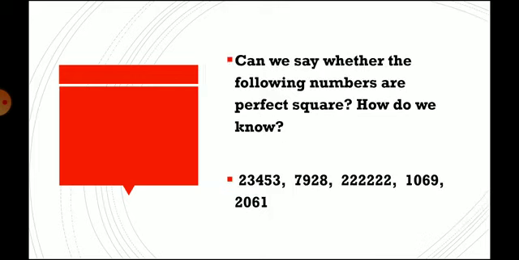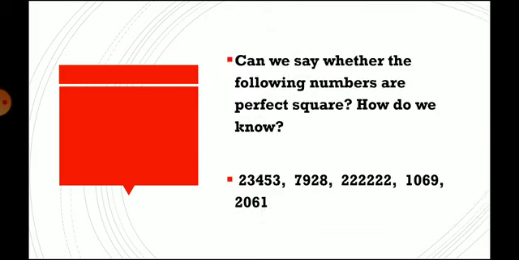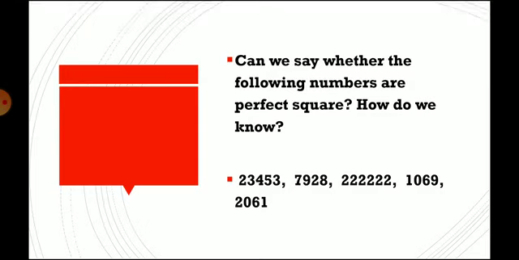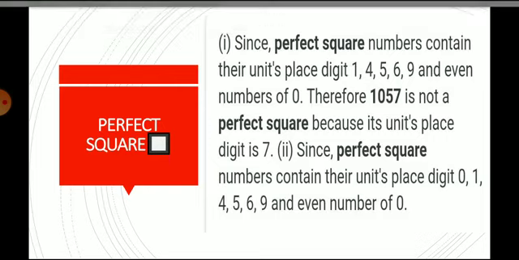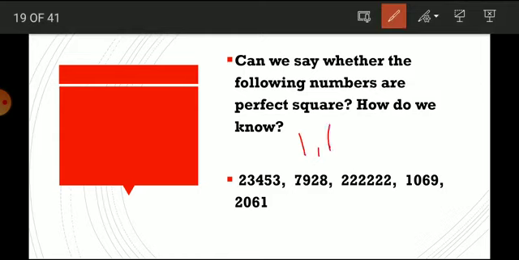Okay, so see, can we tell whether the following numbers are perfect squares, and how do we know? First we check the units place, as in the previous slide: 1, 4, 5, 6, 9, sometimes 0.